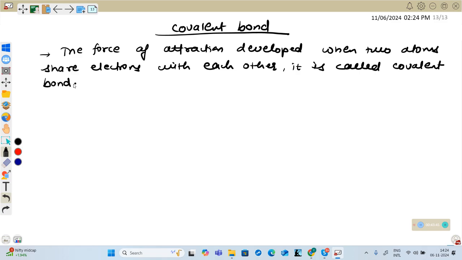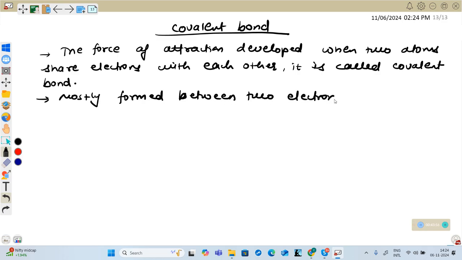Mostly it is formed between two electronegative atoms.